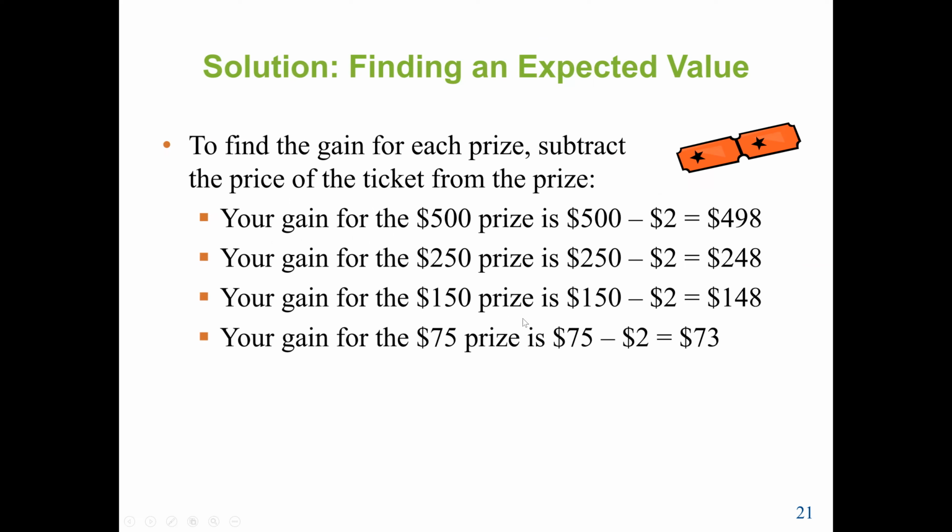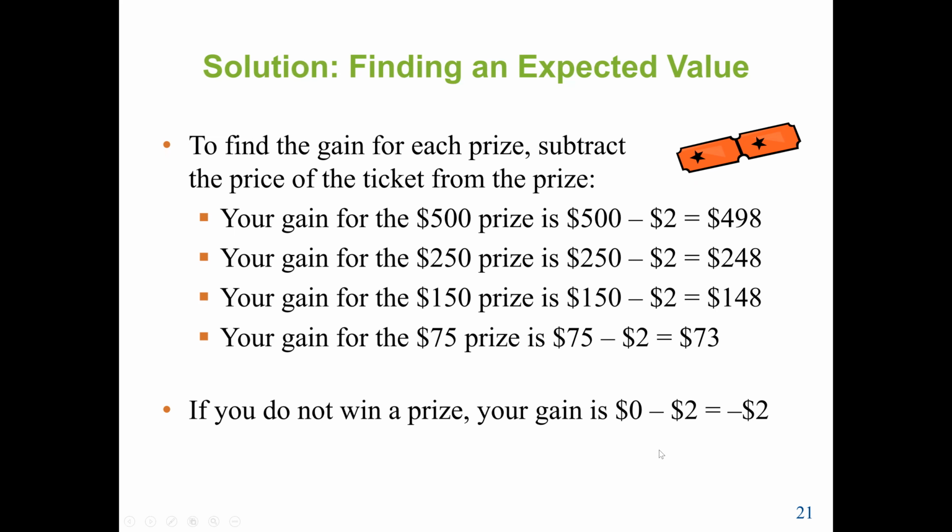If I subtract 2 from 150, then I'll get 148, which is still good. Next is 75 minus 2, which is the last prize. I will get $73. So that means of the 1,500 tickets, only 4 of them can give me this gain. So the rest now will be 0. So I will not win anything. So I'm going to lose $2.